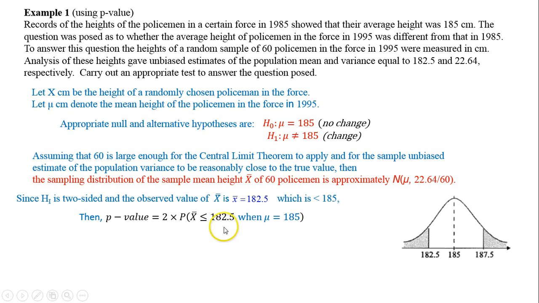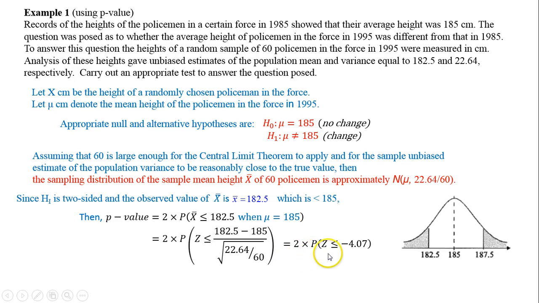Is 182.5 small enough to say that there has been a change? So I'm changing my 182.5 x bar into z's, and I'm getting 182.5 minus 185 for the mean over the square root of the variance of x bar, which becomes that.